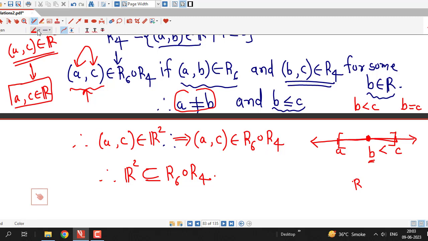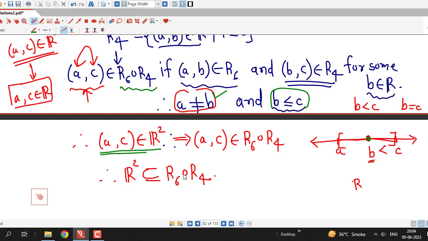Because if we take any ordered pair (a, c) in R2, then there always exists at least one real number b which satisfies these two conditions: a is not equal to b and b is less than or equal to c. And R6 composite R4 is the set of all those ordered pairs which satisfy this condition.